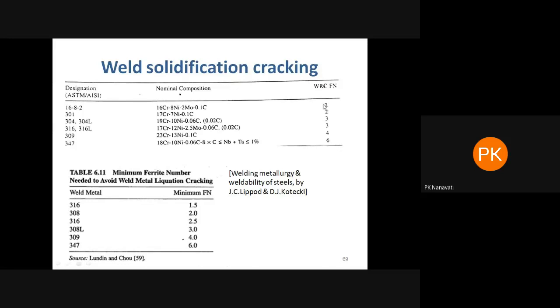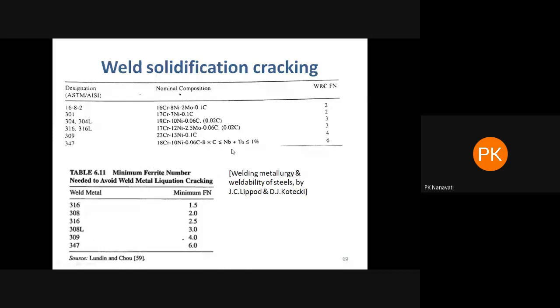The 2 number is more susceptible, because there should most of the time be 3 to 8, right? So you see some weld metal 316, 308. The minimum ferrite number required is generally 2 to 6%, right? Then you can ensure resistance to solidification cracking.